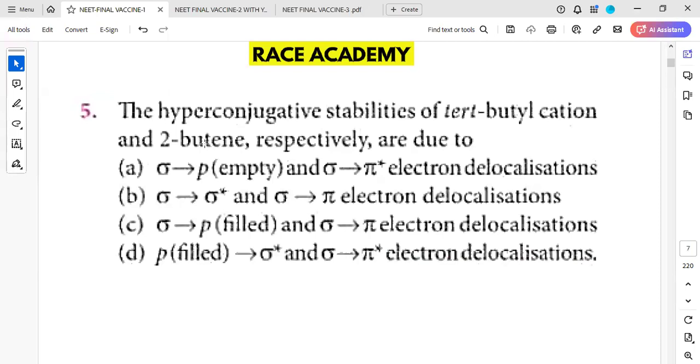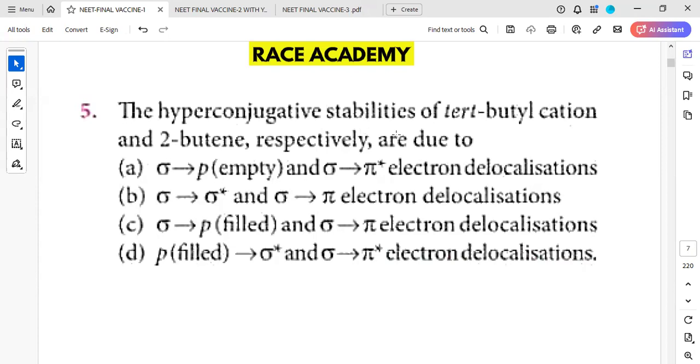Next question: the hyperconjugative stabilities of tertiary butyl cation and 2-butene respectively are due to. Tertiary butyl cation is stable and 2-butene is stable. So they are stable because of which of the following. If you carefully observe, sigma and p empty orbital, and sigma and pi star electron delocalization are given in the first option.